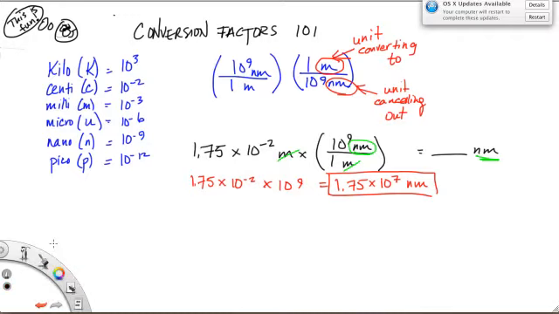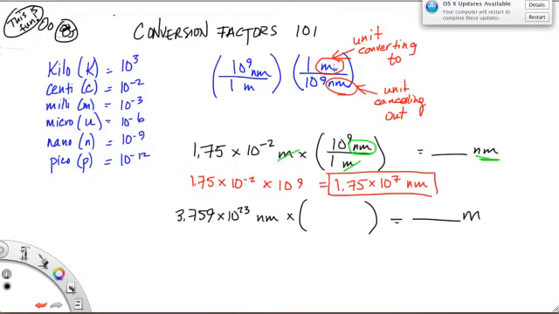Let's say that I have 3.759 times 10 to the 23rd nanometers. And this time I want to convert into meters. Now I'm going to use this conversion factor up here. Why?